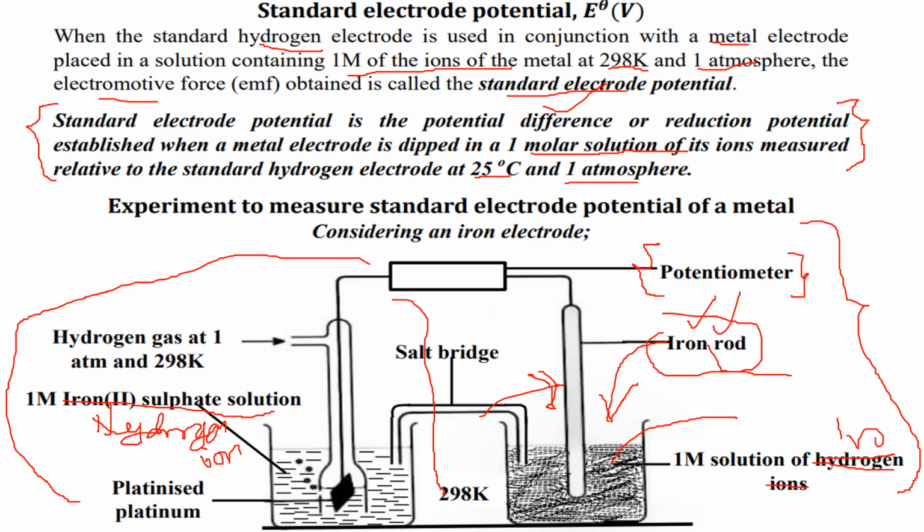But since we are dealing with standard electrodes, all this must be happening at standard conditions of 298 Kelvin together with 1 atmosphere. So this labeling is very crucial, and this experiment is highly examined in your mock exams.